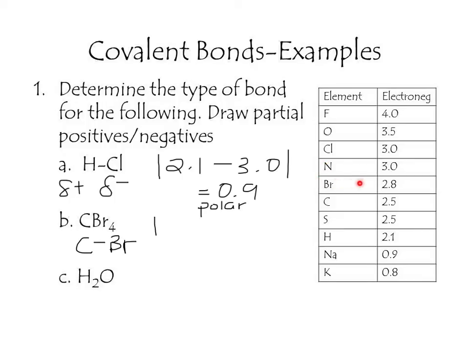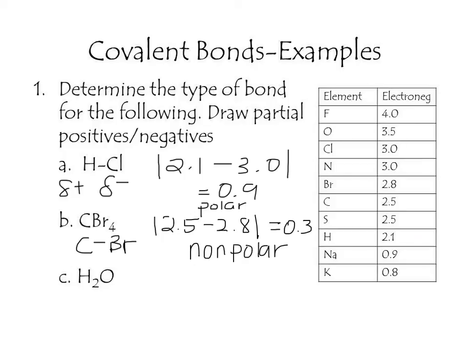So here's bromine, 2.8, and here's carbon, 2.5. So all I do is take the absolute value of 2.5 minus 2.8, and this is equal to 0.3. If we look on our chart, this falls under nonpolar. So this is a nonpolar bond. Because this is a nonpolar bond, I will not put a delta plus or a delta minus. So underneath here, I shouldn't be seeing delta plus or delta minus.